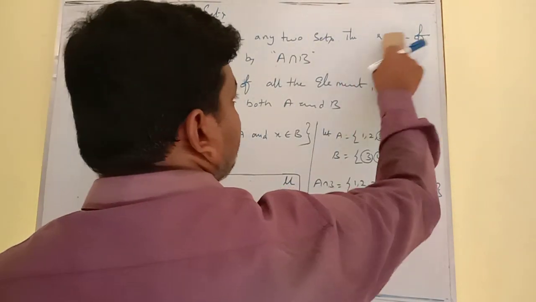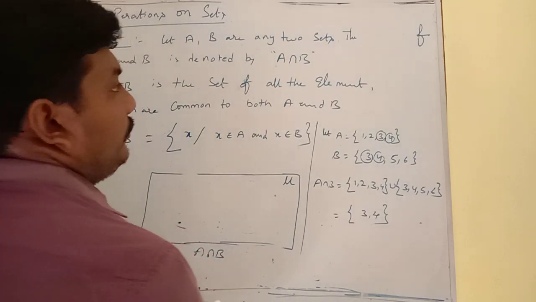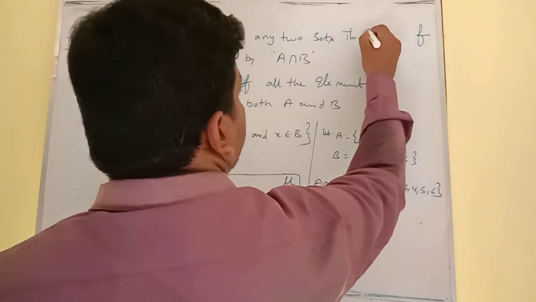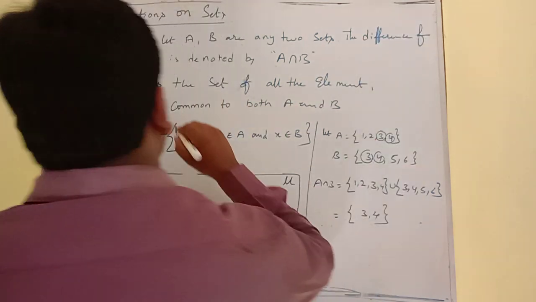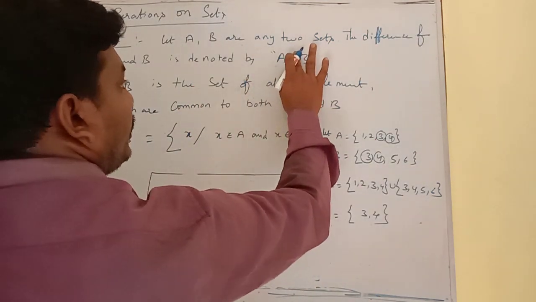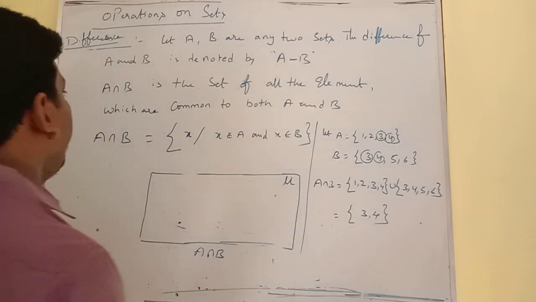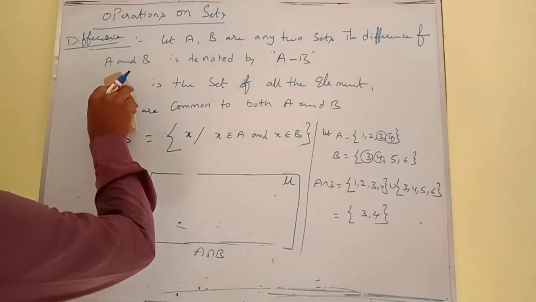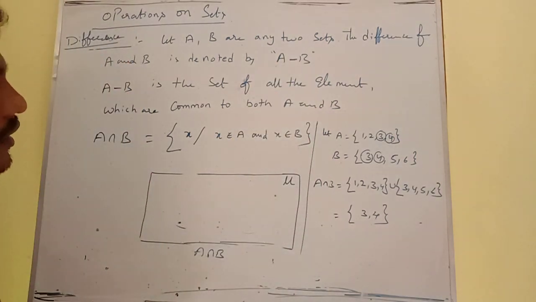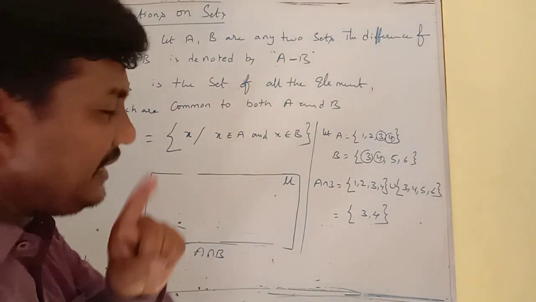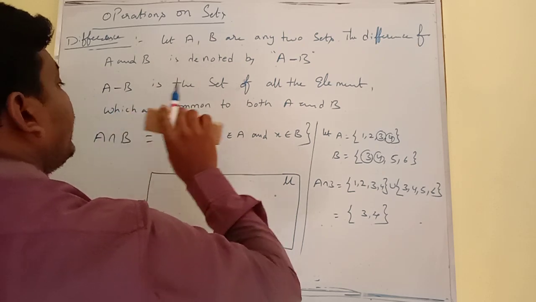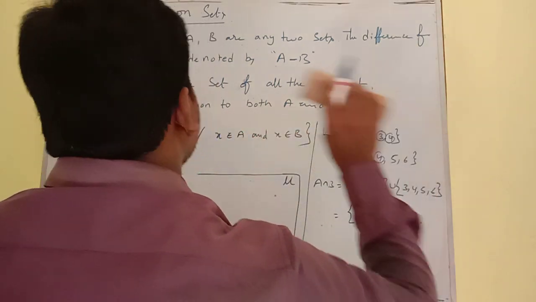The difference of A and B is denoted by A minus B. Here A minus B is the set of all the elements which are only in A but not in B.